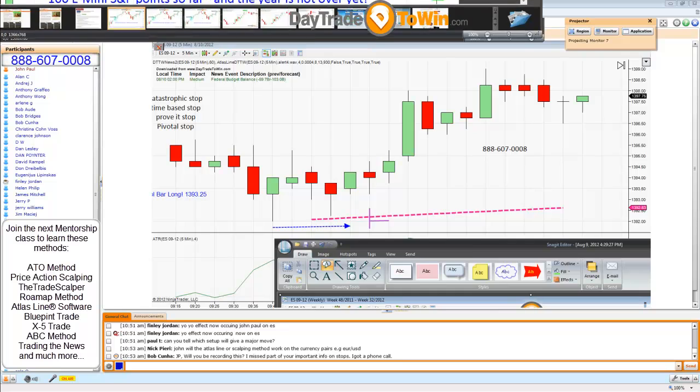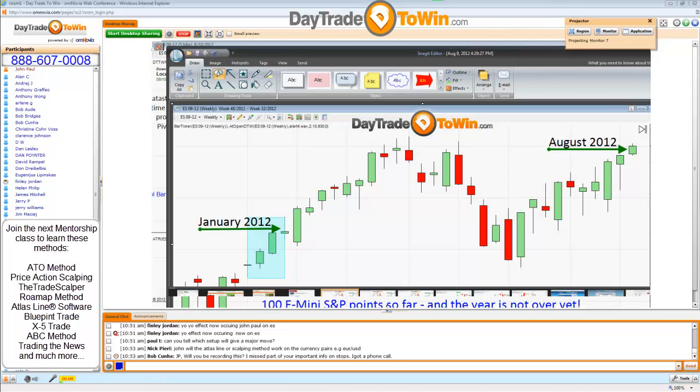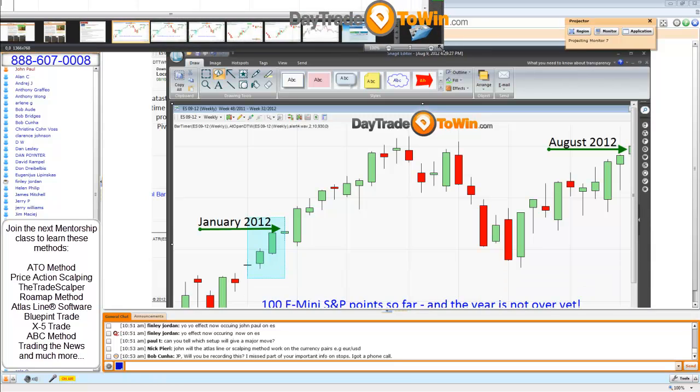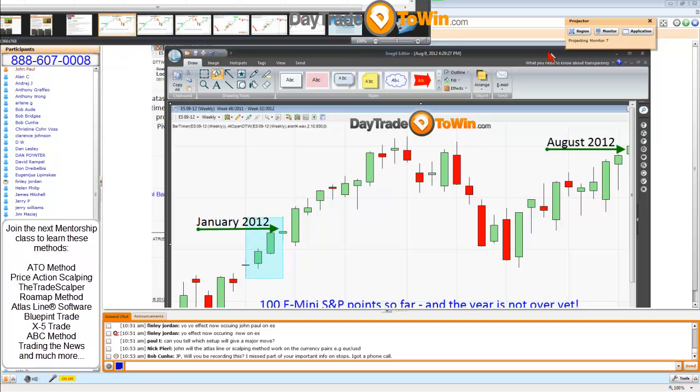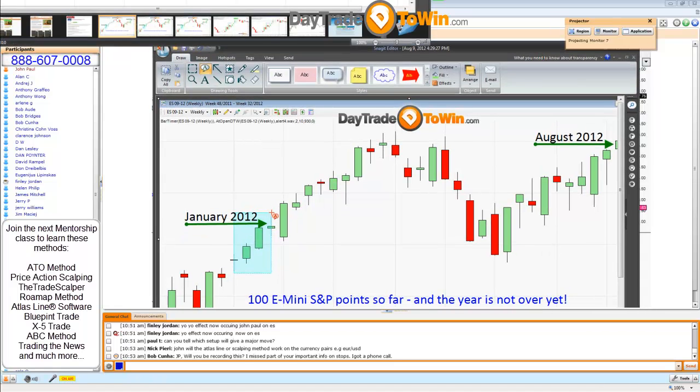Okay, this is the chart that I used yesterday in the blog post. So here we have January open, close. It was a higher close than open. I said buy. It rallied 100 points.